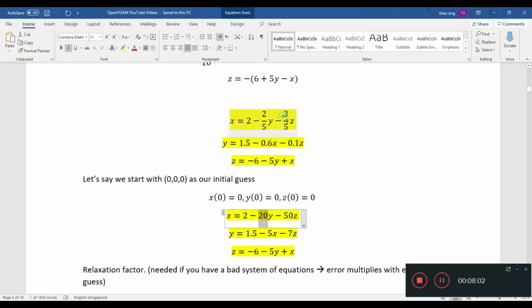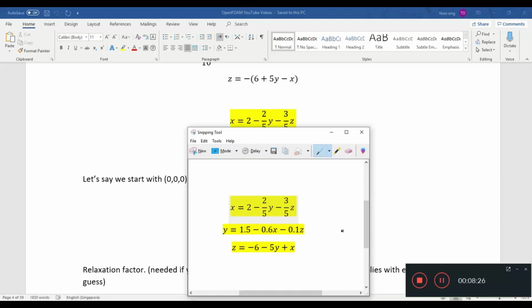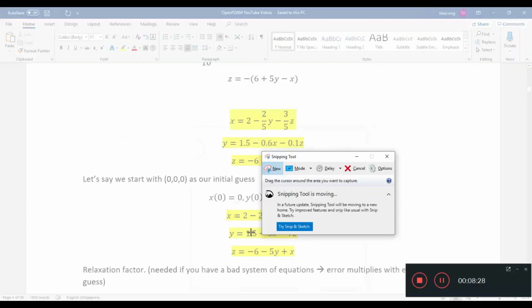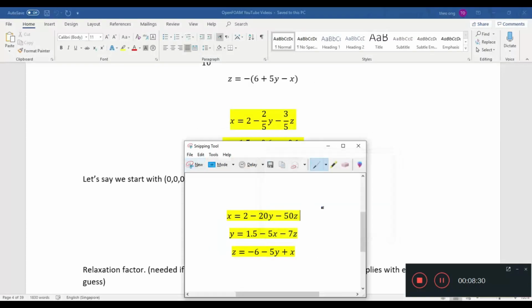Instead of 3 over 5 z, I have 50z. And instead of the second equation's coefficients being minus 0.6x and minus 0.1z, the sign doesn't matter, it's the magnitude that matters here, I have 5x and 7z. So if I have something like this, what's going to happen?